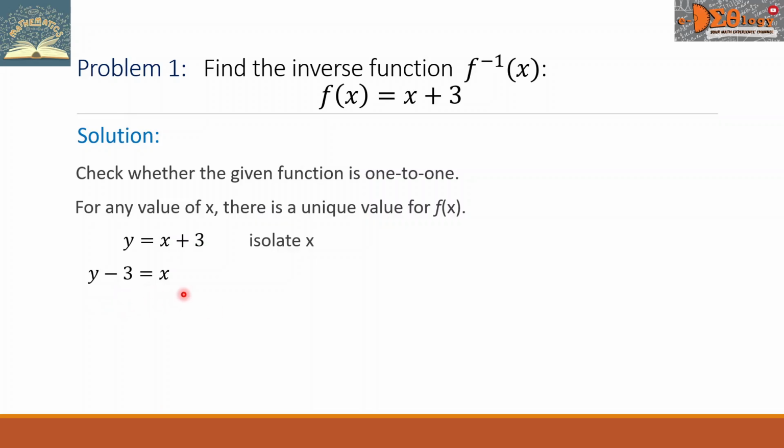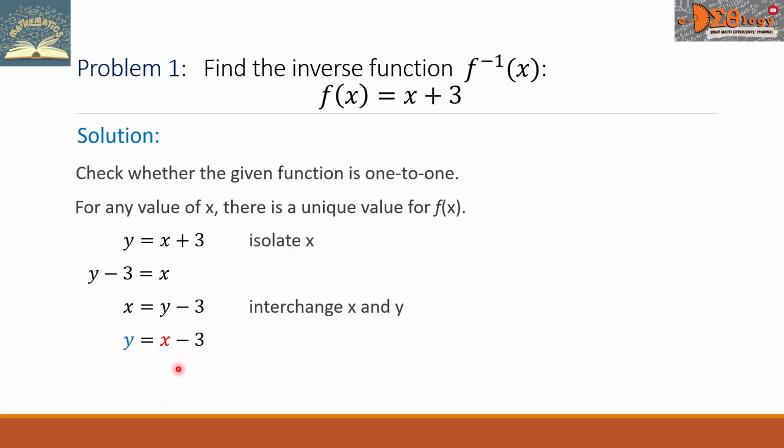From here, we exchange position for the x and the y minus 3. x comes to the left, equals the right side, y minus 3. And from here, we interchange the x and y. That means this x here, we will change into y, and this y becomes x. We have now y equals x minus 3.